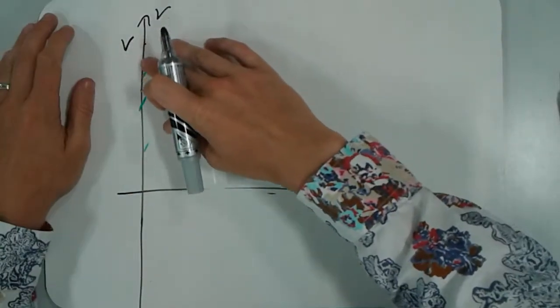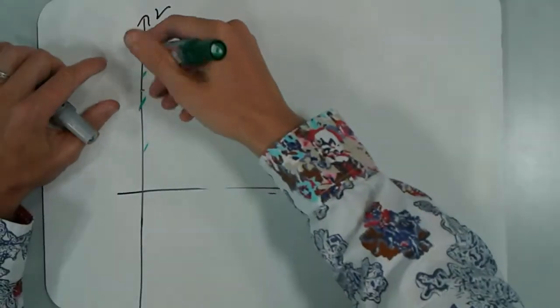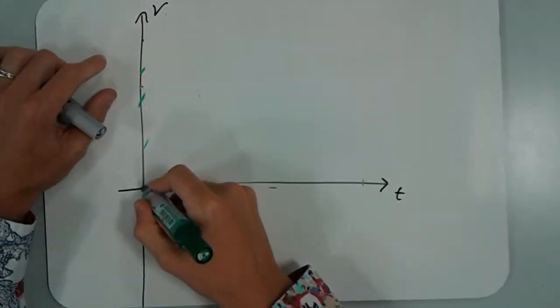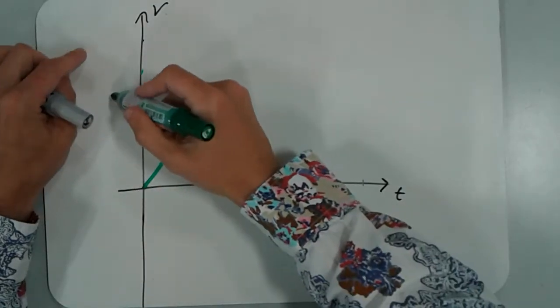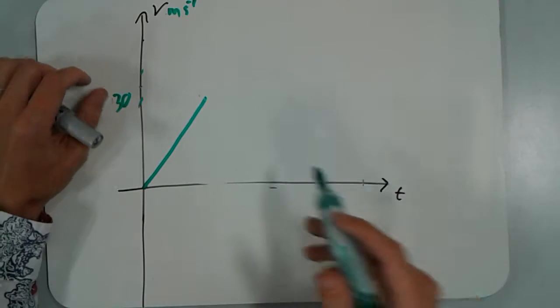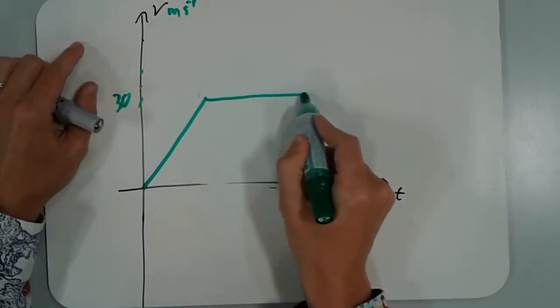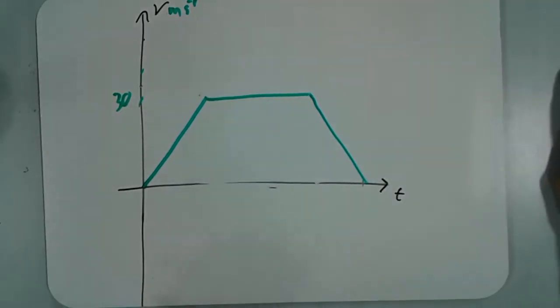Imagine that we have some more complex scenario, say a train accelerates up to some speed, let's call it 30 meters per second, travels at a constant speed, and then decelerates. Let's also add some times to this.